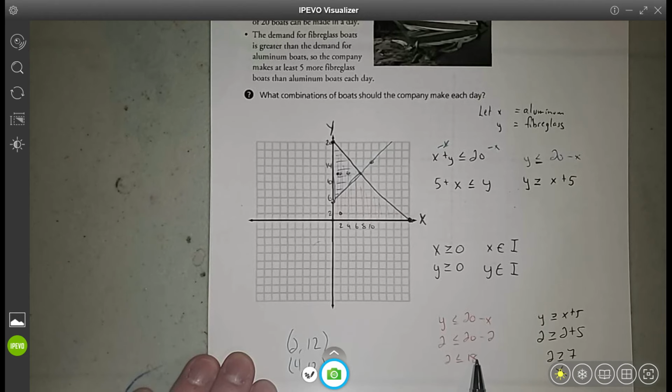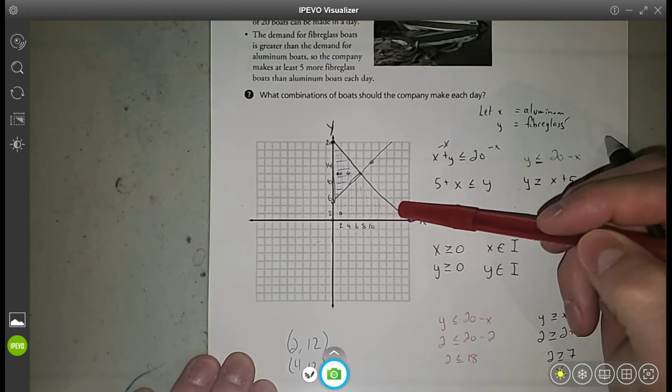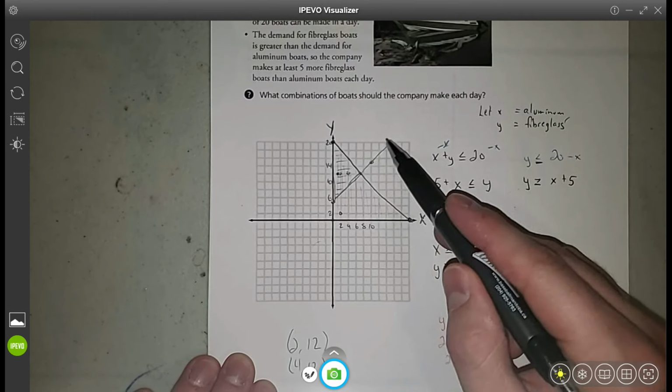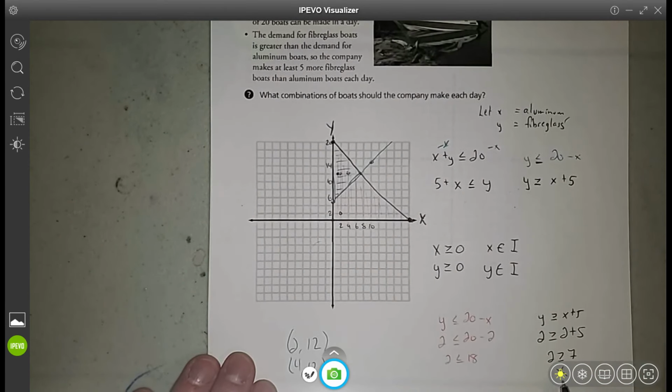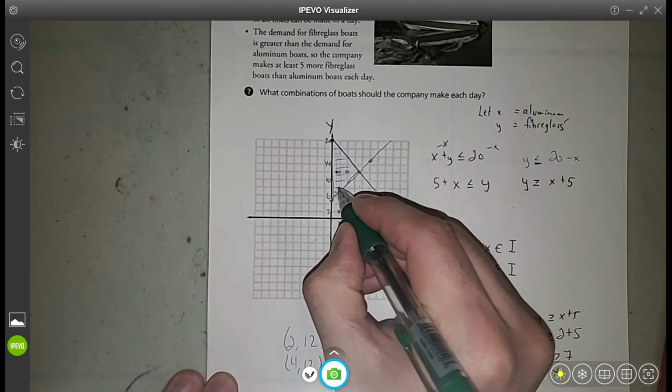This is in fact true. So I shaded the area with that test point in red over here. Then I took that same test point and applied it to our second graph, the green line here, and found out that no, that test point isn't in the solution space. So I had to shade in green the area above the line here.